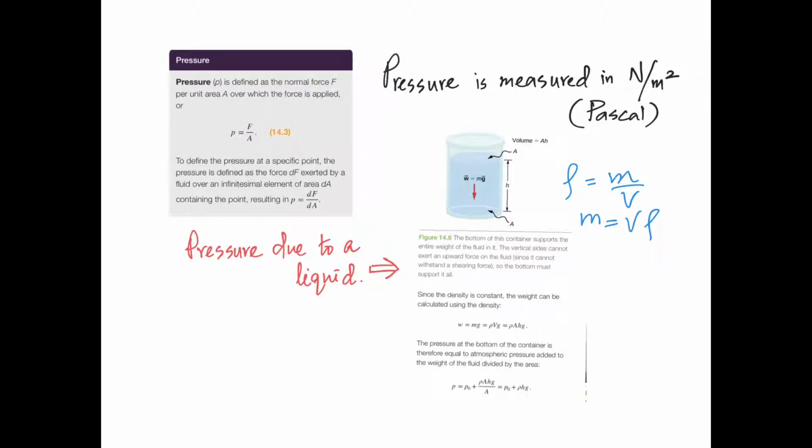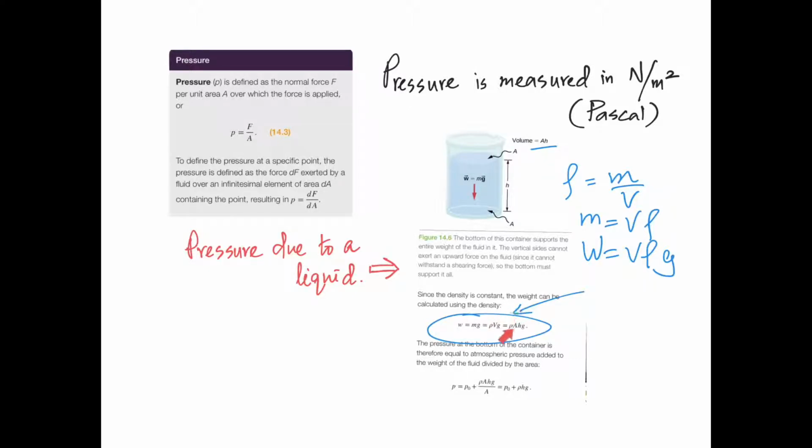And then the weight would be mass multiplied by g, that is, volume times rho times g, which is what you find written here. Now remember that volume is A times h, and so you get the weight of the fluid as rho A h g.